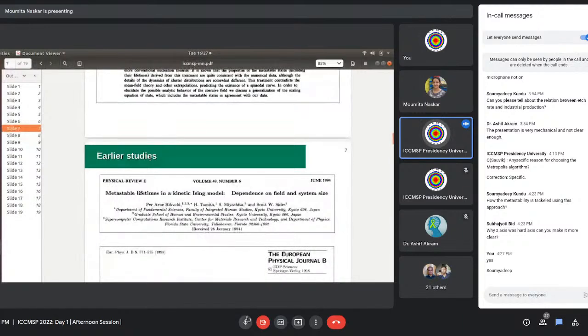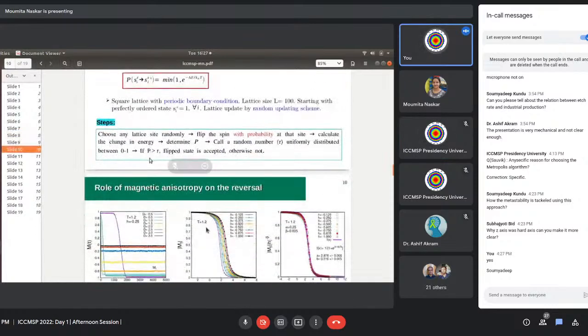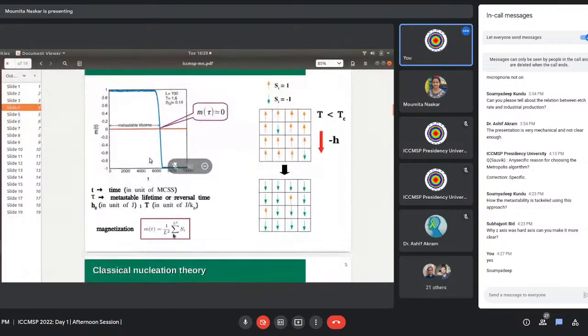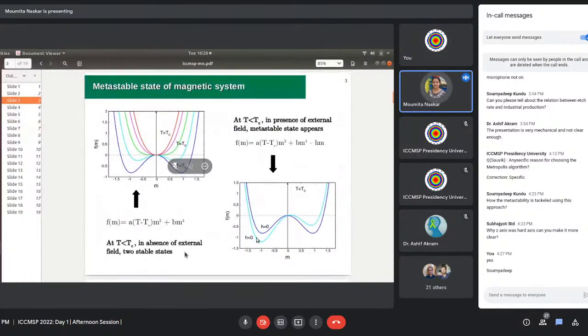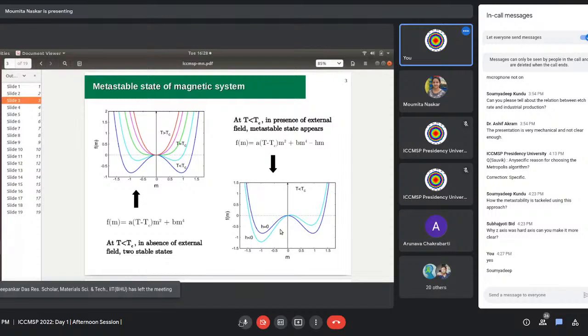It will be better if you can ask directly. Yeah. Decay of metastable state to the stable state. Yeah. Hello? Yes, just carry on. Hello?